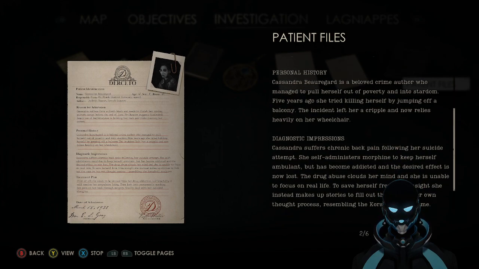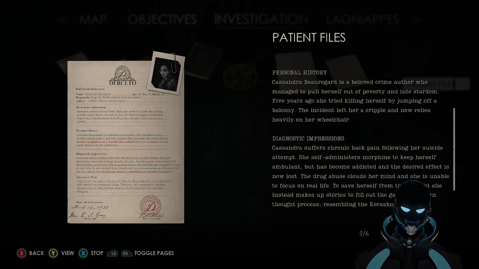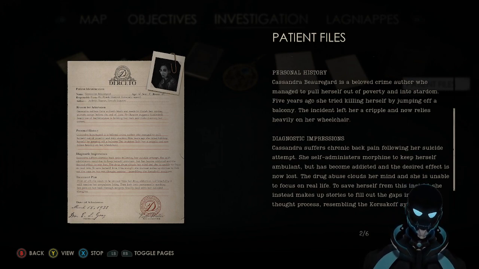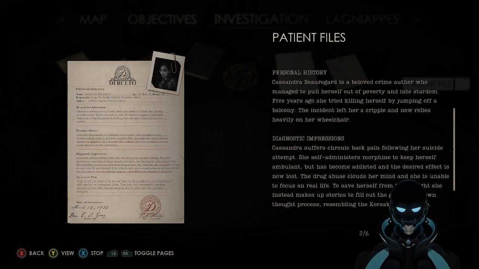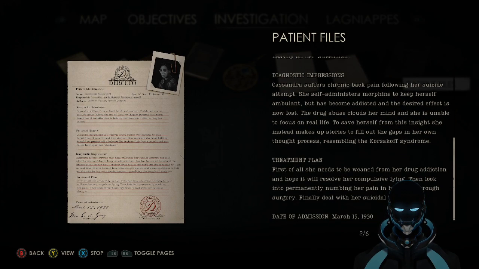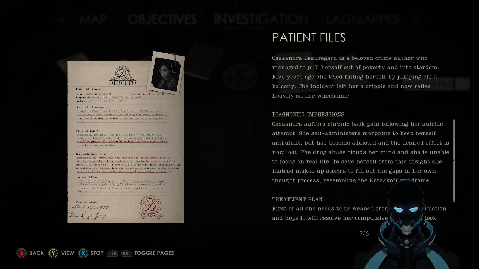And how should we summarize her personal history? Let's keep it short. Cassandra Beauregard is a beloved crime author who managed to pull herself out of poverty and into stardom. 5 years ago, she tried killing herself by jumping off a balcony. The incident left her a cripple and now relies heavily on her wheelchair.